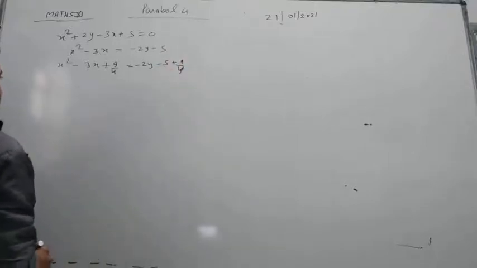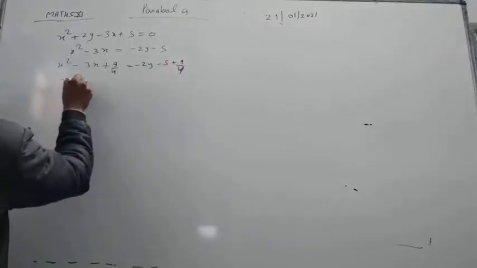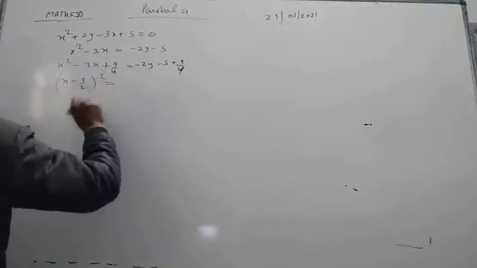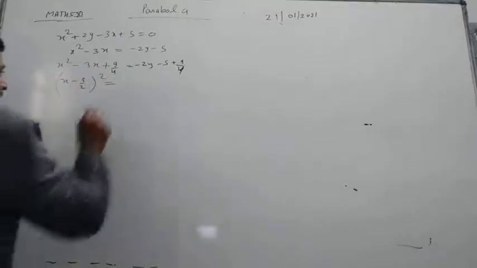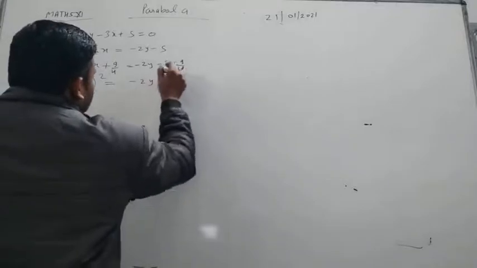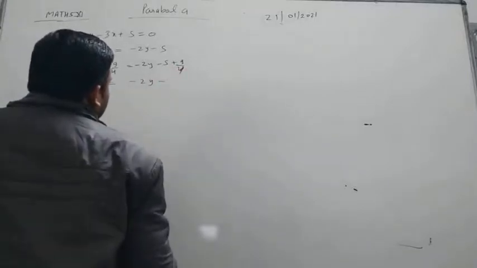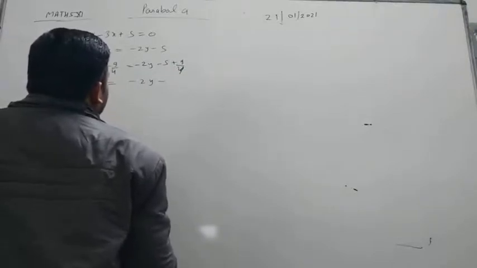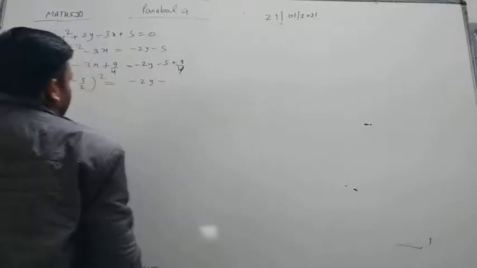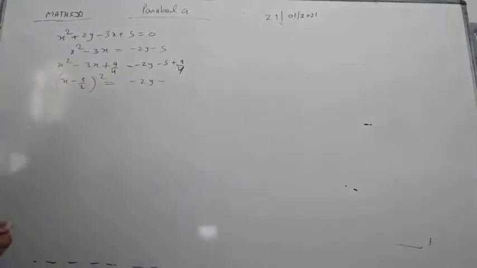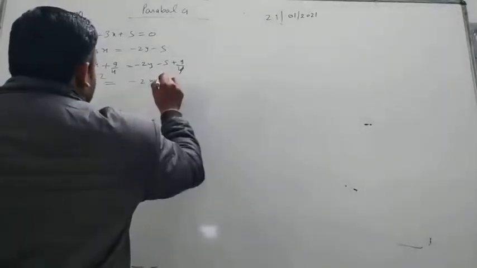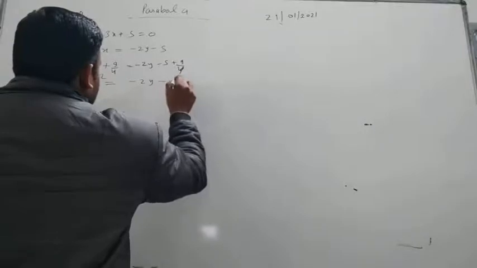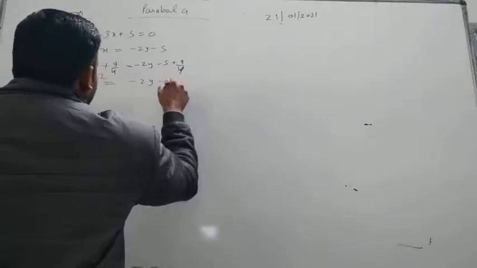So students, when we write this, we can write x minus 3 by 2 whole square, and this is minus 2y minus 9 by 4. And writing this, 4 5s are 20, minus 20 plus 9, minus 11 by 4.